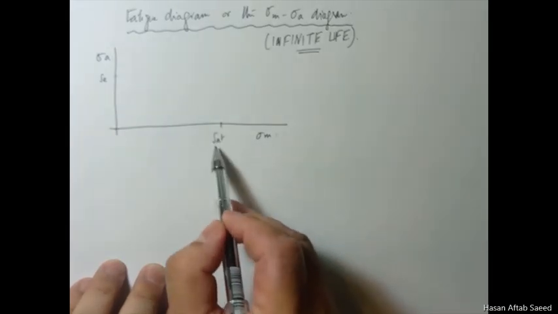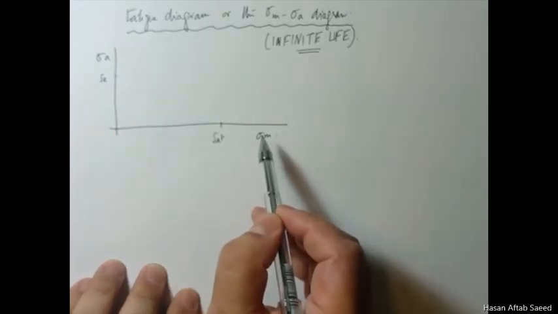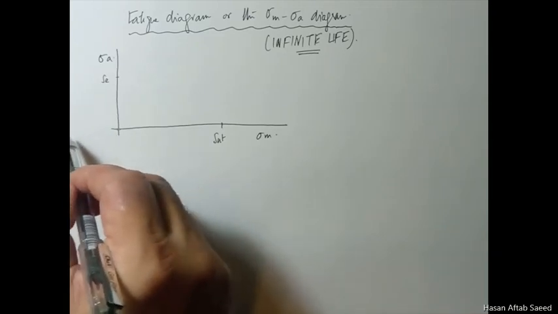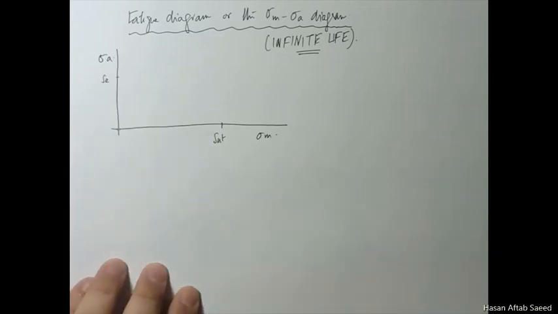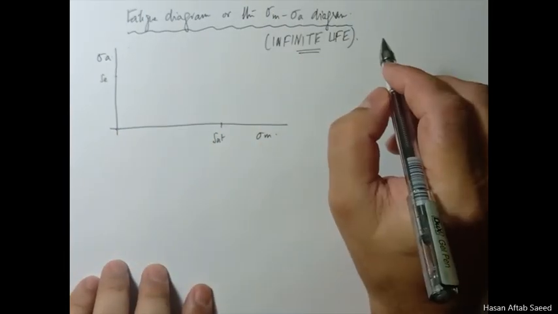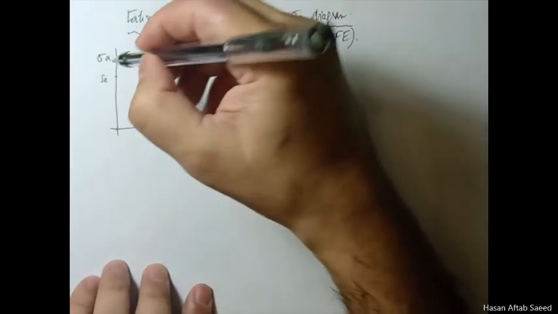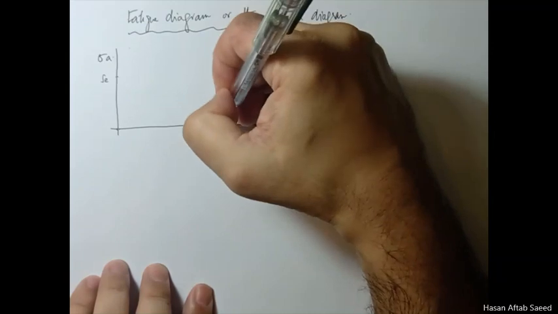Sigma m maximum is SUT, minimum sigma m as far as the positive regime is concerned is 0. Obviously we can go to the minus side also, but we'll look at that later on. So if this is the case, then one fatigue criterion for fully reversed loads is simply connecting this point to this point.